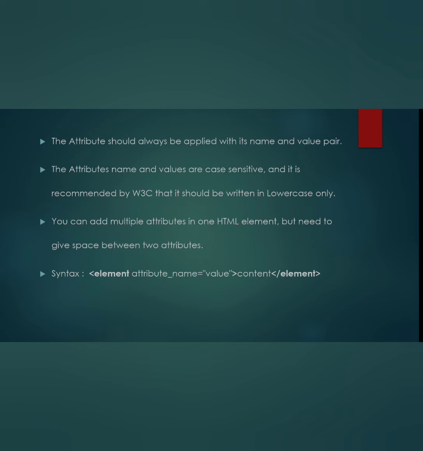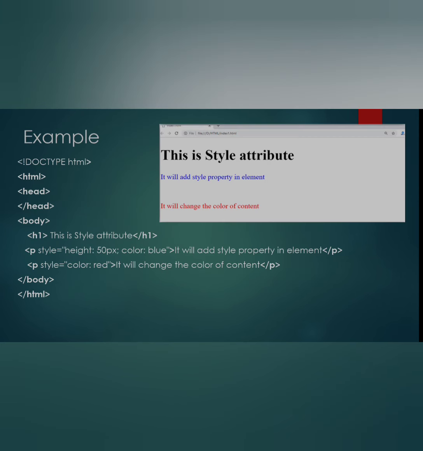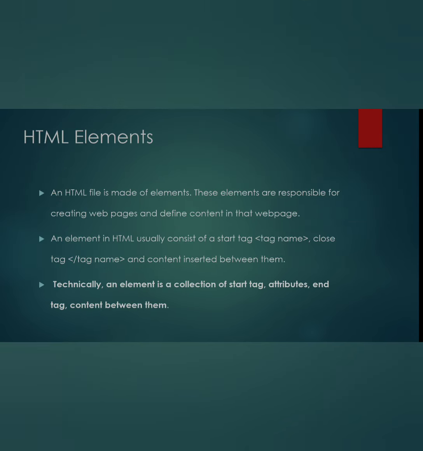Syntax: element, attribute name equal to value, content, and the close of the element. Example: doctype HTML. HTML, this is the opening tag, head, closing head, body, content of the body, and closing HTML. HTML elements. An HTML file is made up of elements.